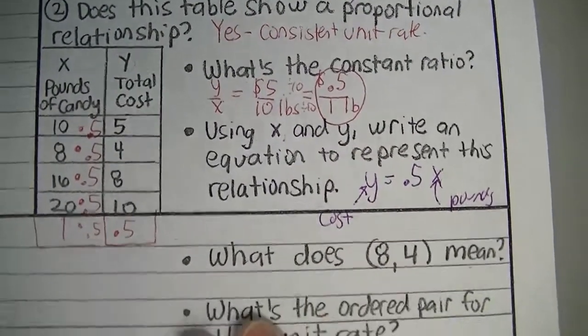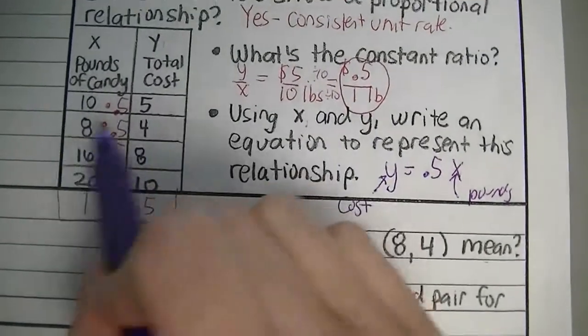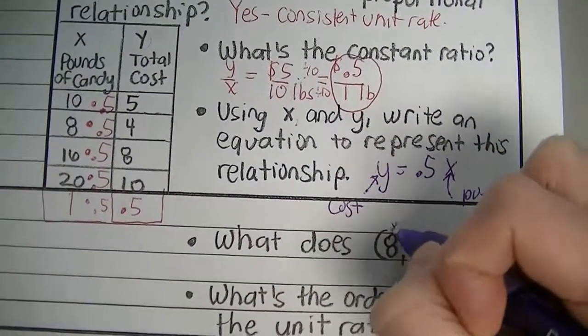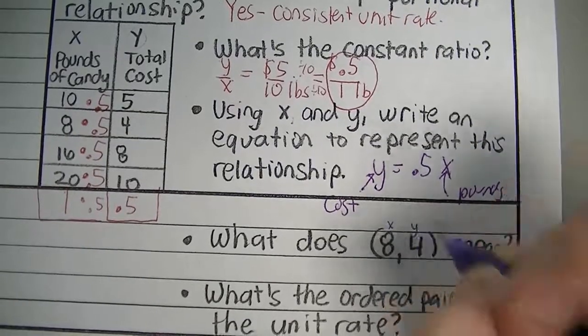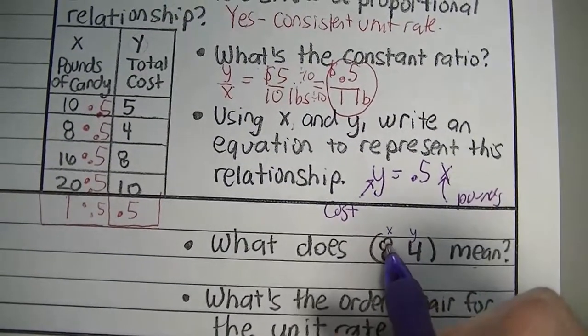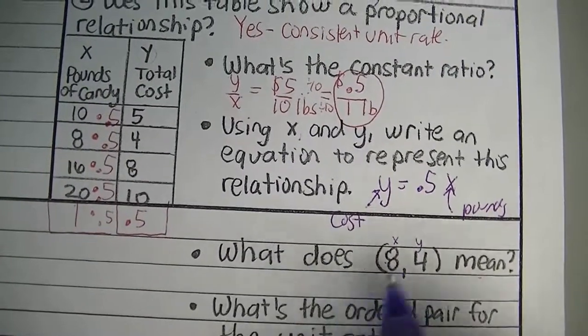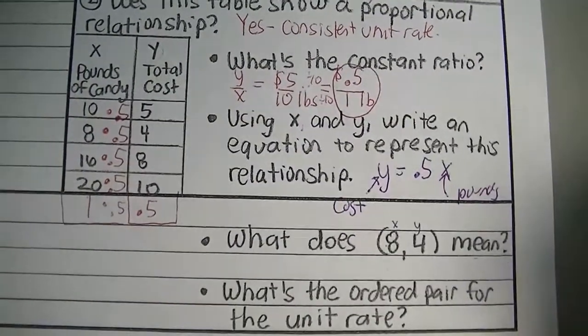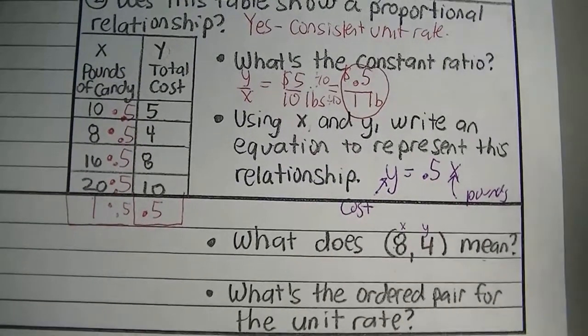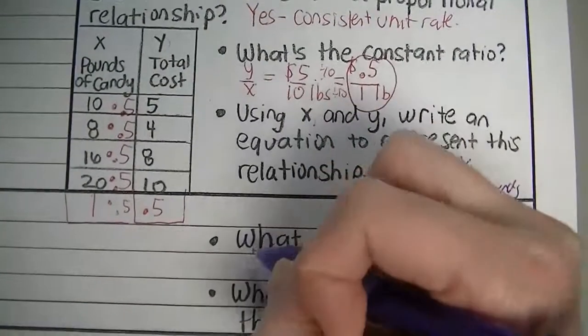Okay. And it says, what does (8, 4) mean in the story problem? So x is 8, y is 4, because that's ordered pairs. x stood for pounds, so 8 pounds cost $4. Or for every 8 pounds of candy you buy, it'll cost you $4.